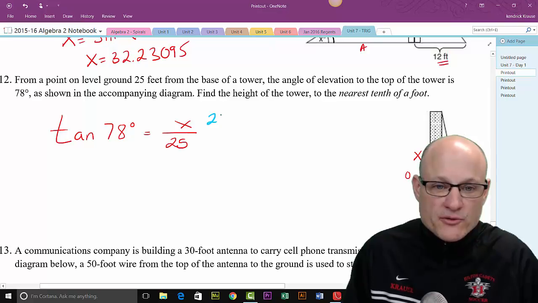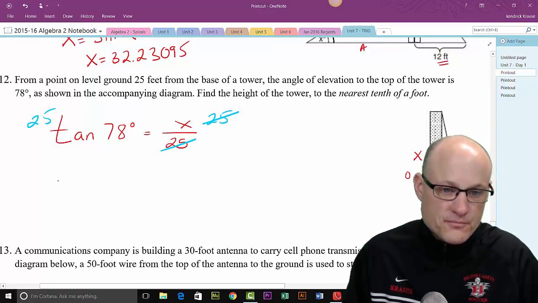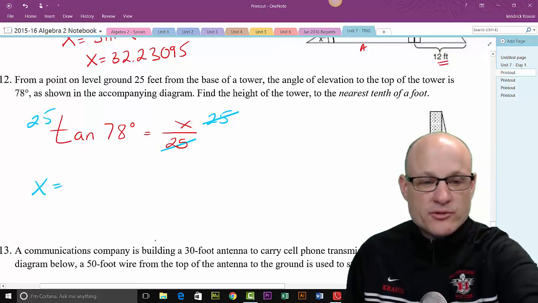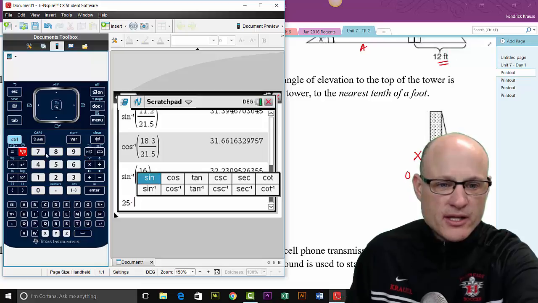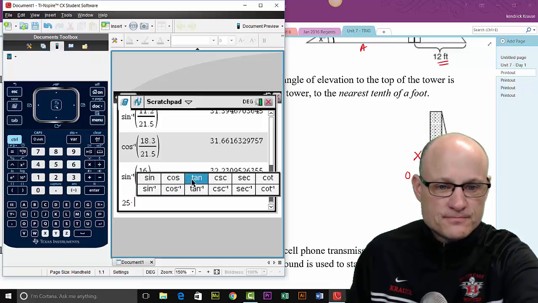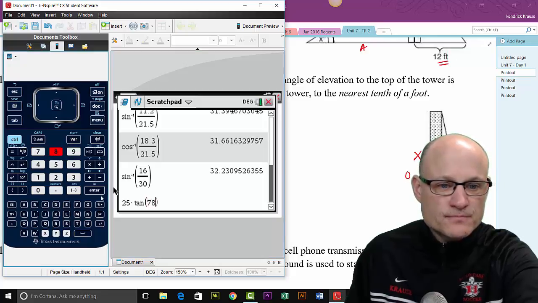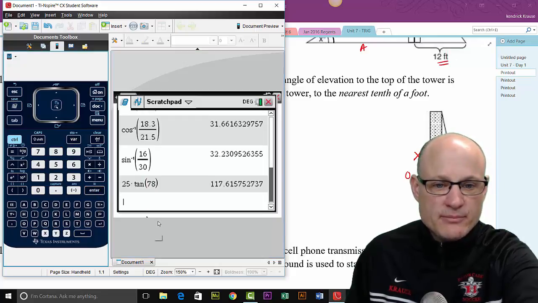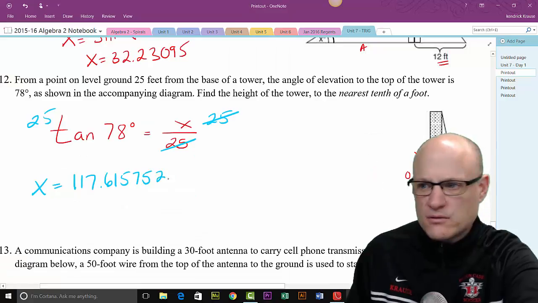Multiply both sides by 25, and I get X is equal to 25 times tangent of 78, which is 117.615752.